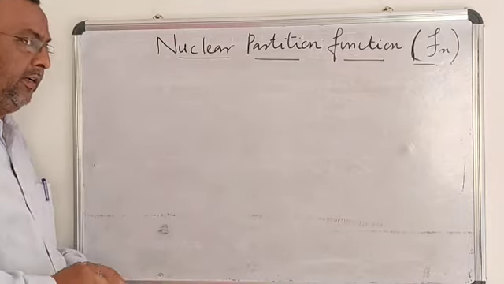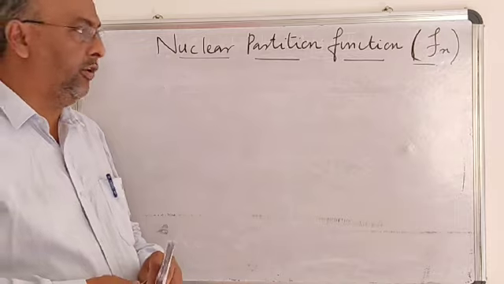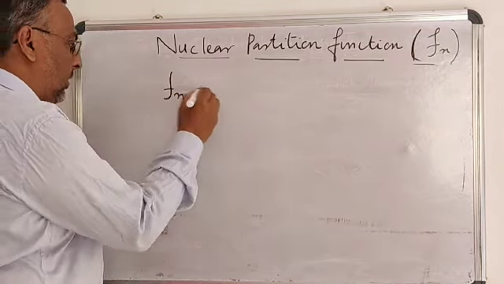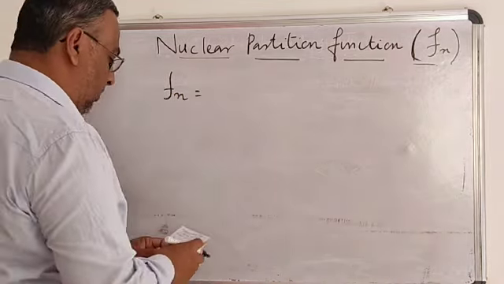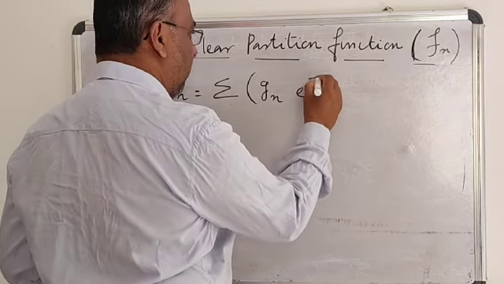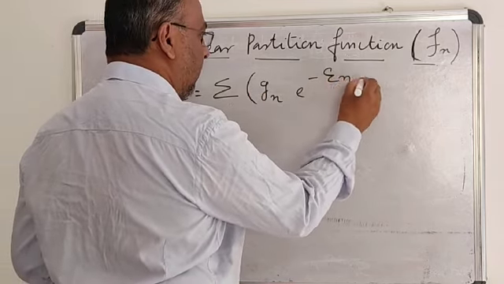The expression to study the nuclear partition function is equal to summation of Gn e power minus En by kT of ith level.